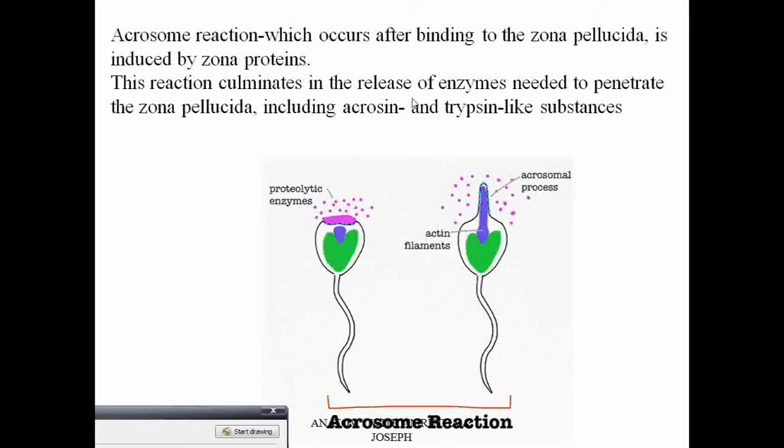This reaction culminates in release of enzymes which are needed to penetrate zona pellucida, including acrosin and trypsin-like substances. So that is produced at this time, so the zona pellucida can be penetrated.